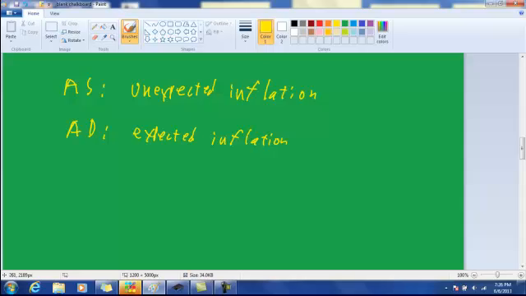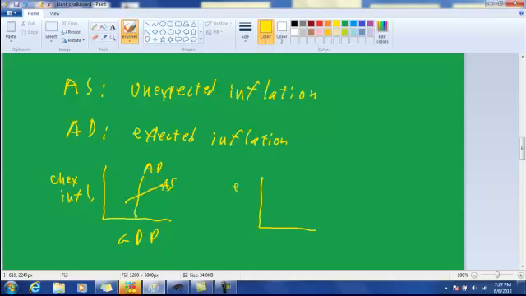So we have two separate graphs in a sense. One way to describe it is in terms of unexpected inflation. Then aggregate demand doesn't depend on that, and aggregate supply is upward sloping.